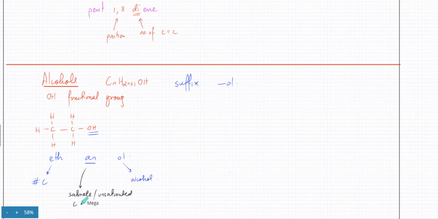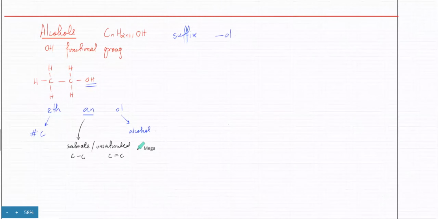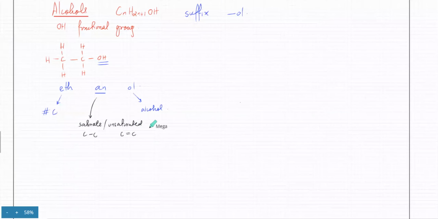It tells you whether the carbon-carbon bonds are single bonds, or the carbons are forming a double bond. You could have a saturated alcohol, with every bond a single bond, or an unsaturated alcohol with double bonds as well. If all are single bonds, it's 'an'. If there's a double bond, it's going to be 'en'.